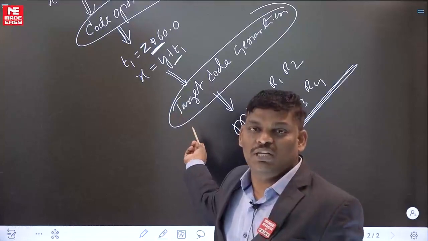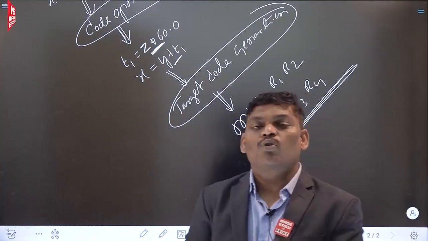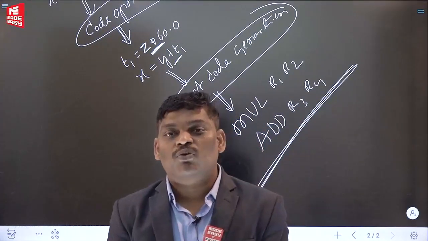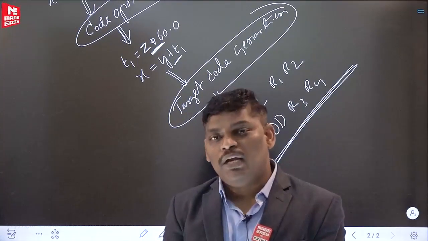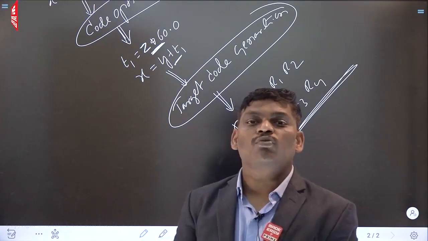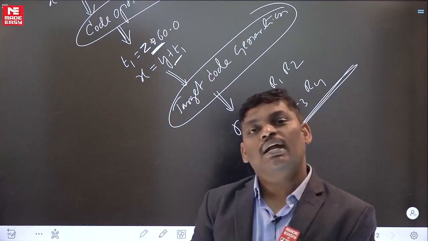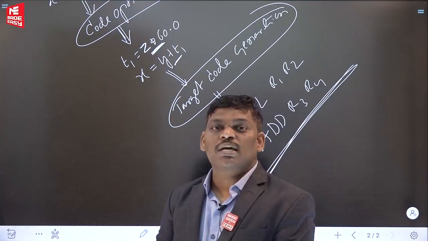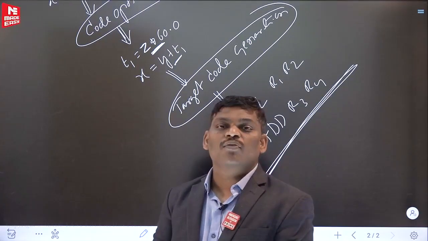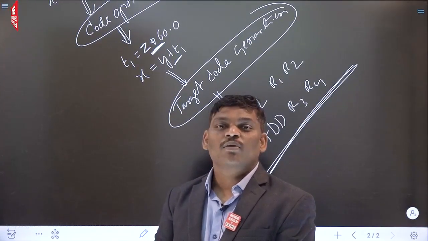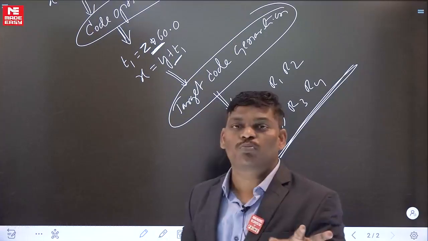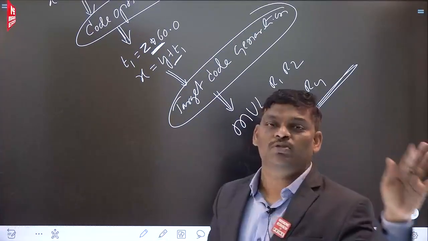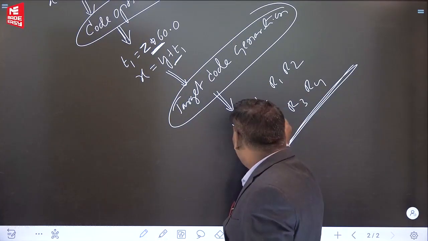Some people are asking about the output of the compiler finally: the target code, which is nothing but machine dependent code. In that computer, whichever machine is there, that kind of instruction set will come. If a P4 processor is there, the P4 instruction set will come; if an i7 processor is there, the i7 instruction set will come. So the final output is machine dependent code. Please be careful.